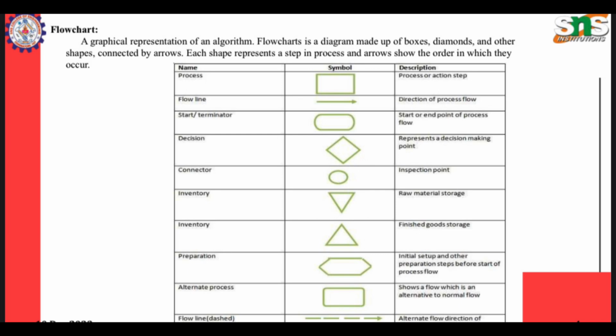Next, another one, the normal triangle, is finished goods storage. Next is the alternate process, which shows a flow that is an alternate to the normal flow. Then the dashed flow line, which represents the alternate flow direction of the information flow.